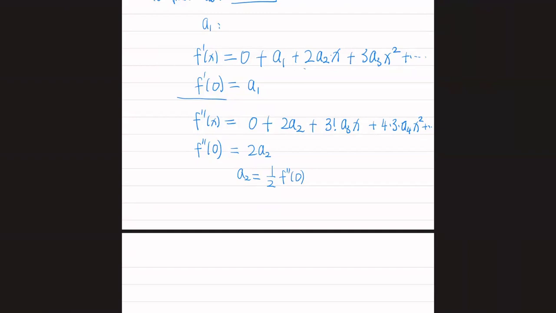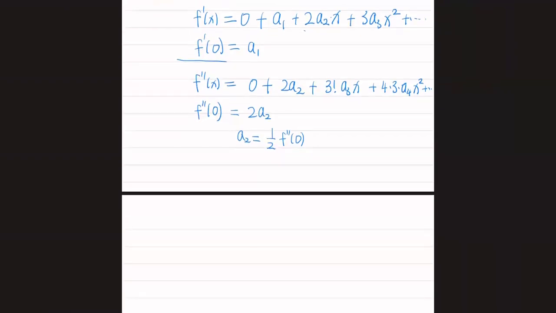Good. Elisa, how do we find a3? One third. Another derivative. I go to the third.